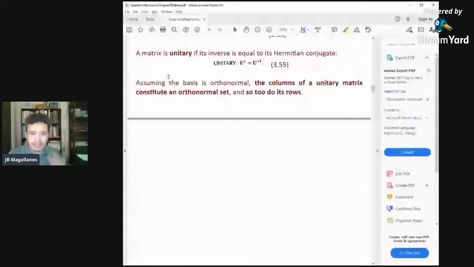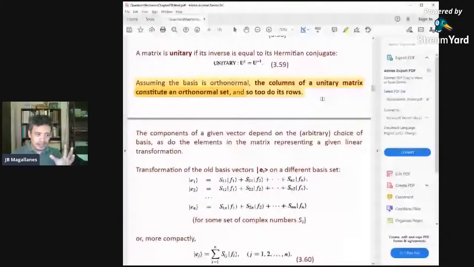Assuming that the basis is orthonormal. Orthonormal, again, I'd like to repeat, means that the basis, for example in three-dimensional space, is i, j, k. Those are the elements in your space that span your space, meaning that any vector can be written in terms of that basis.